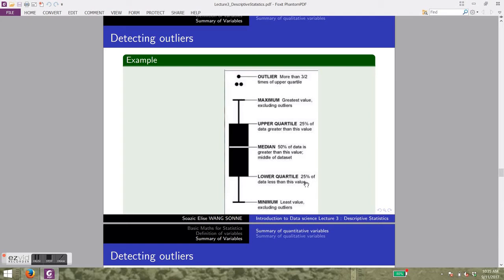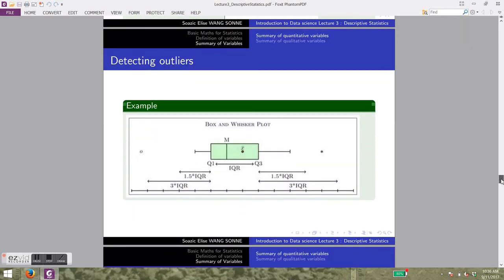I will show you how to statistically identify an outlier. And here is another figure where you can clearly see the interquartile range, the average, and the median. Remember, these are central tendency characteristics. The interquartile range is a spread and variability characteristic, right?